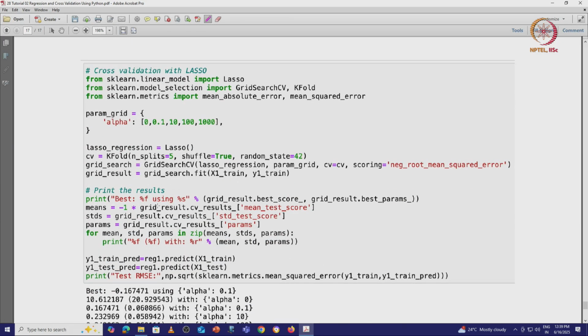So, again I am importing this linear model LASSO from sklearn.linear_model. I am also importing here, apart from k-fold, something called grid search CV, and this we saw a few lectures ago, that grid search CV is a way to systematically scour through parameter grids for hyperparameters and then figure out which is the best one.